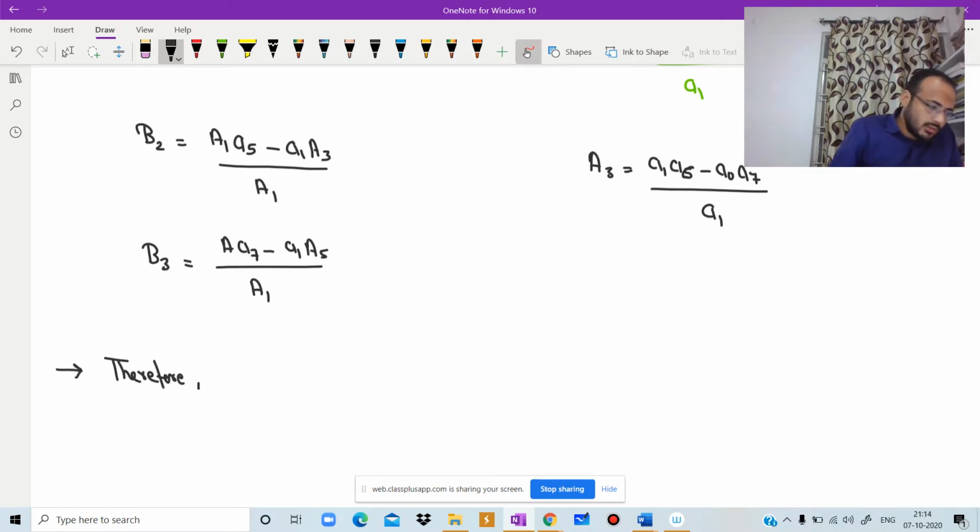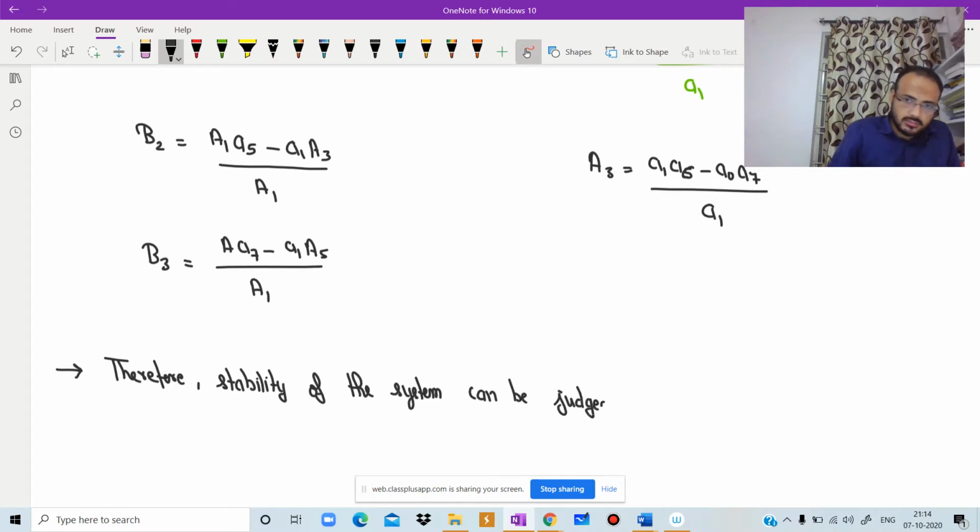Therefore, stability of the system can be judged without actually solving the characteristic equation.